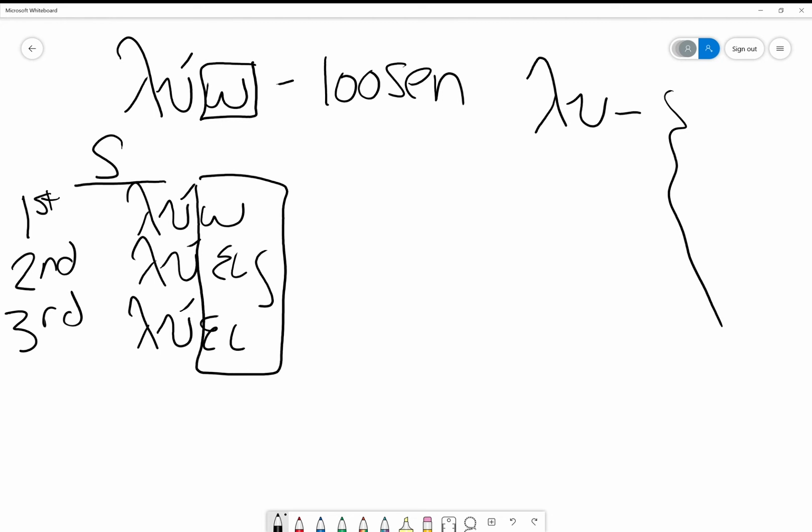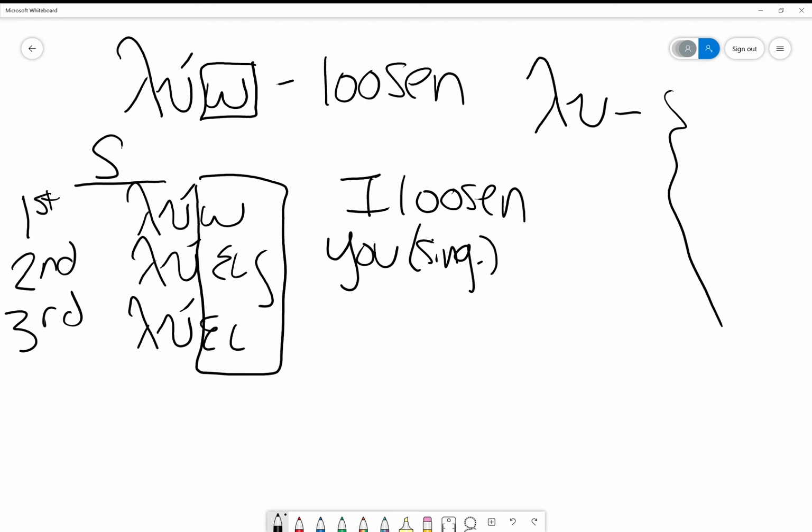So, first person, this is I loosen. Second person, you, singular, okay? One single person, not a group of people. We don't make that distinction in English, or we don't have to. You loosen.